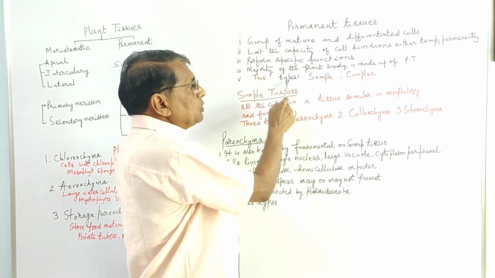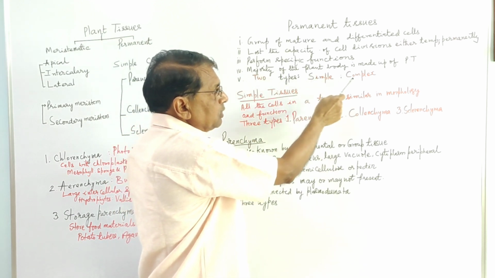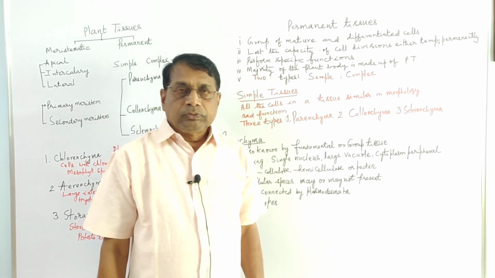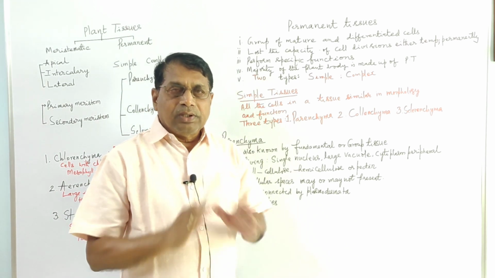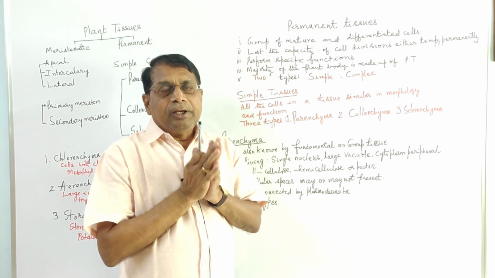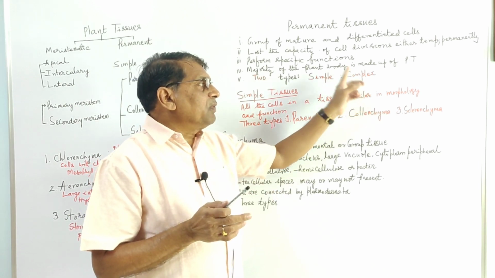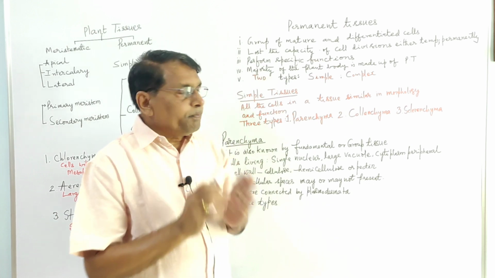Permanent tissues are first divided into simple tissues and complex tissues. The name itself indicates: simple tissue, whereas the structure and functions of complex tissue are complex.